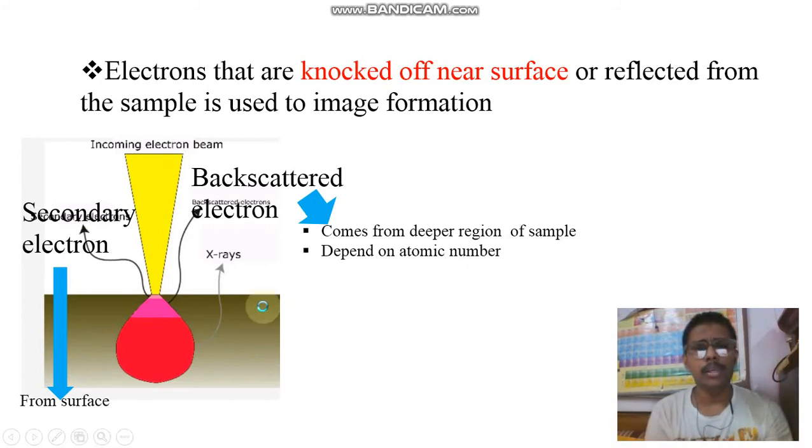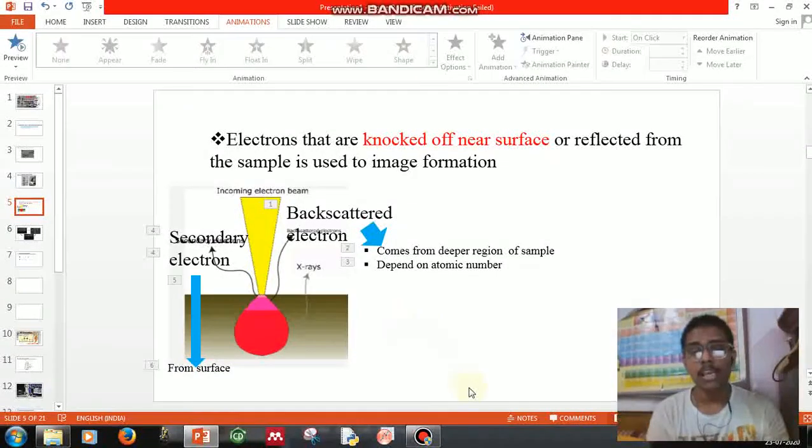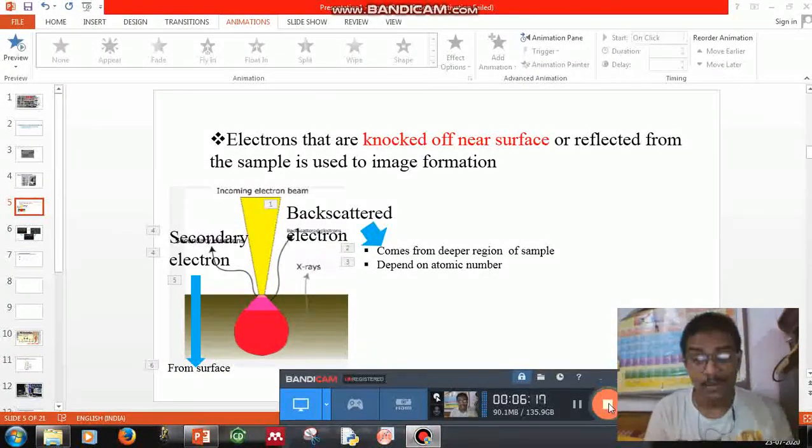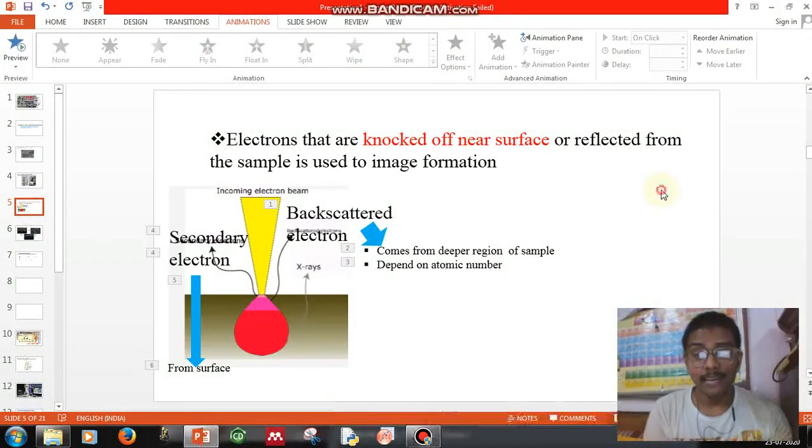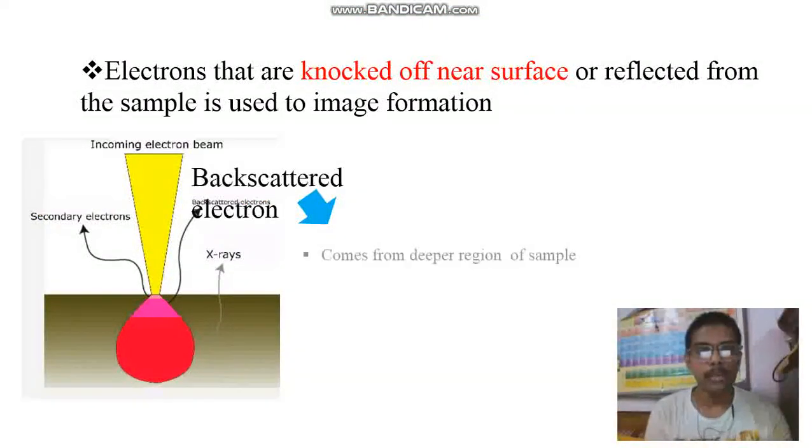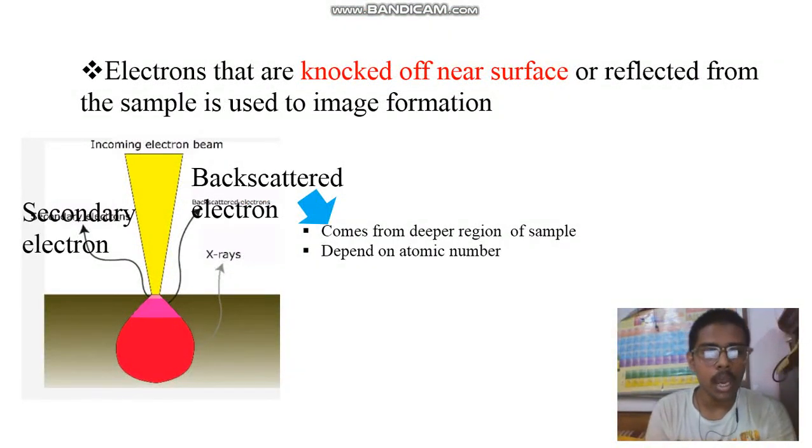But you will be curious how the image formation happens exactly. That we will discuss in the next slide. So the secondary electron and the backscattered electron both contribute to the image formation. Now how does the image formation happen?